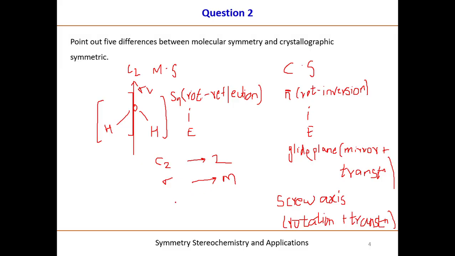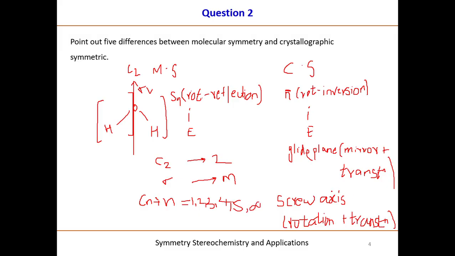If we talk about the Cn axis in molecular symmetry, we have n equal to 1, 2, 3, 4, 5, 6, 7, 8, up to infinity.